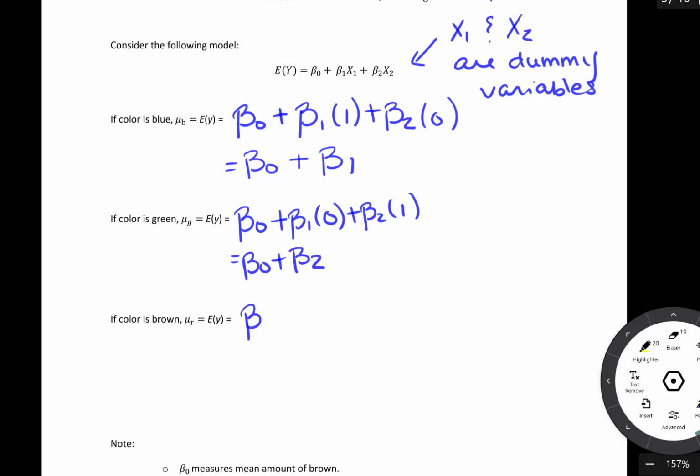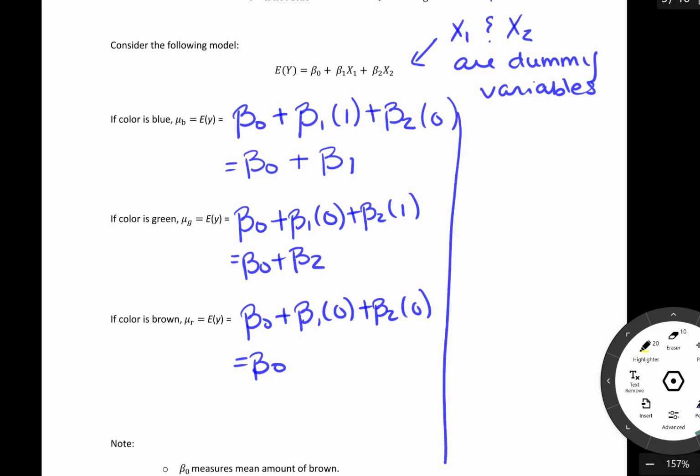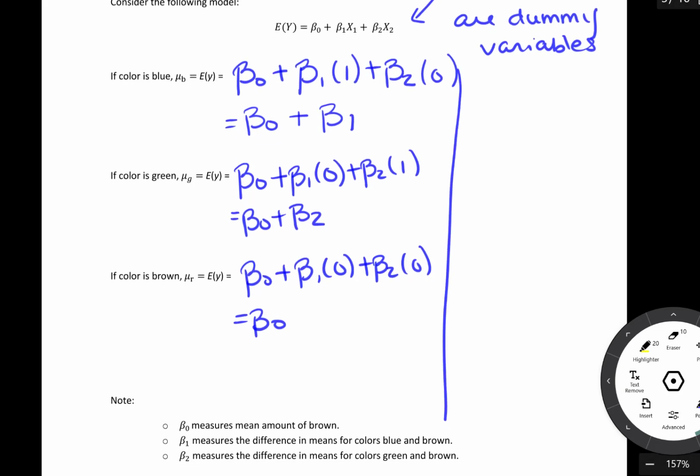And for brown, we have the following. So in terms of eye color, in terms of the mean value that we would see for y for the different eye colors, first of all, notice that the mean response for brown is just equal to the intercept.